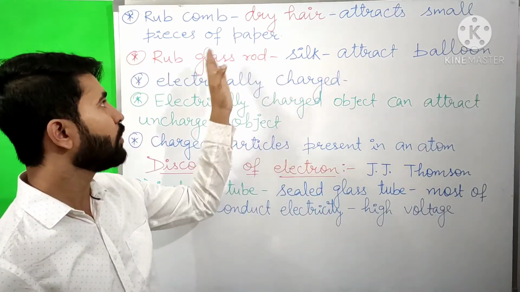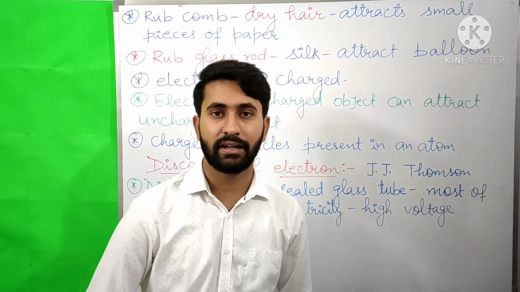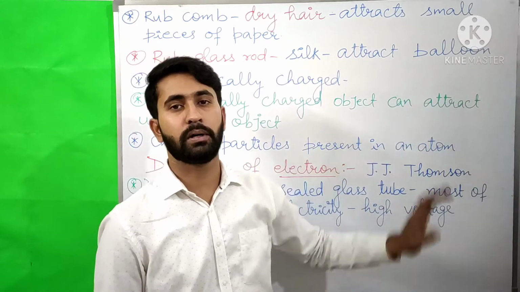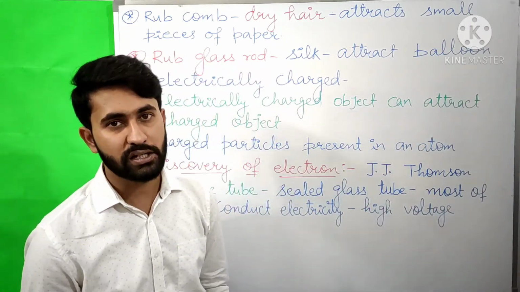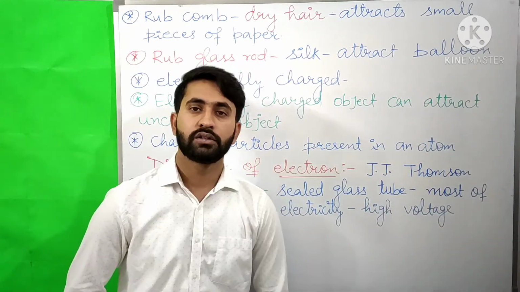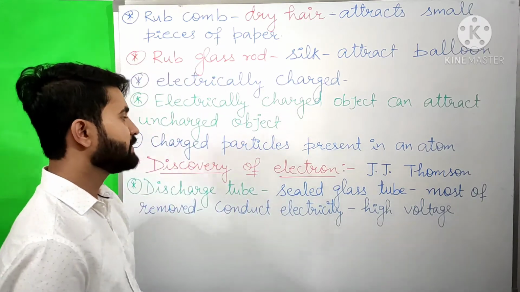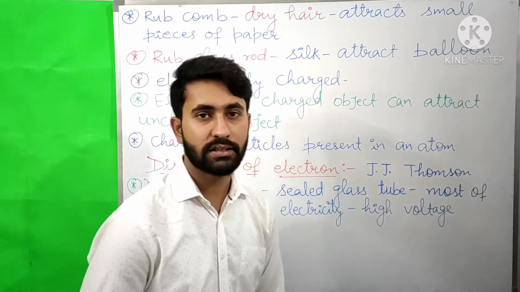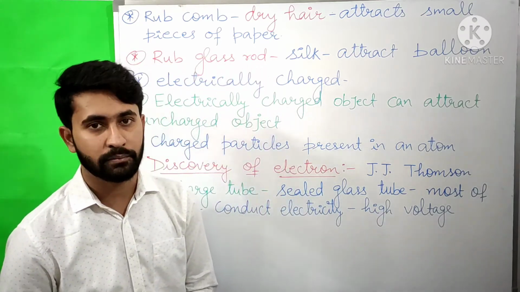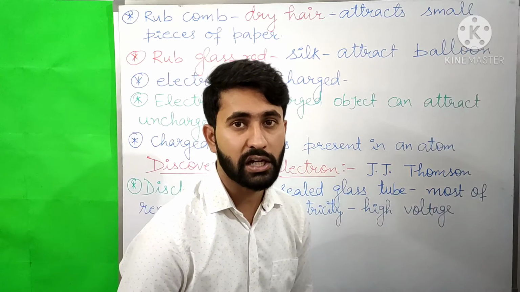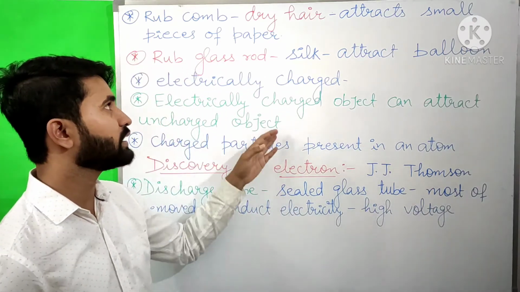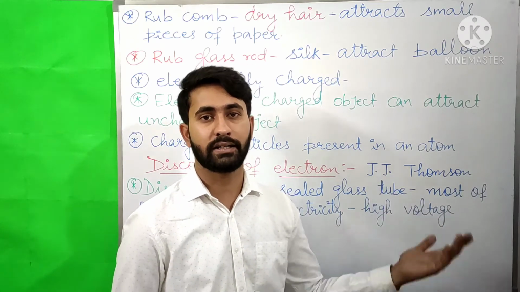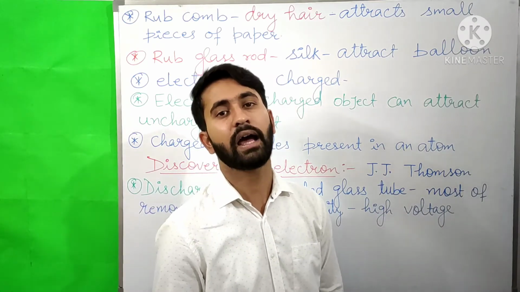The small pieces of paper or the balloon are uncharged objects, so they attract them. So these simple experiments tell us that there are some charged particles present in an atom, because if there were no charged particles, then how would they get charged? They get charged because some of the particles are either removed or added.